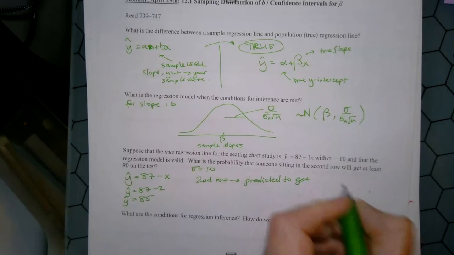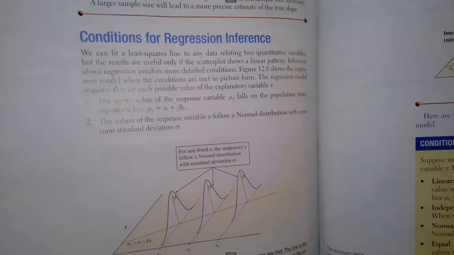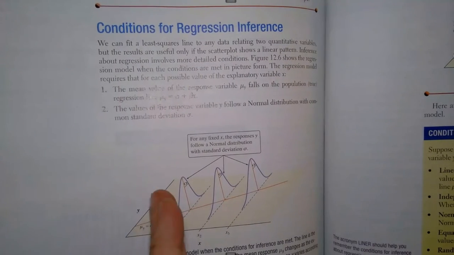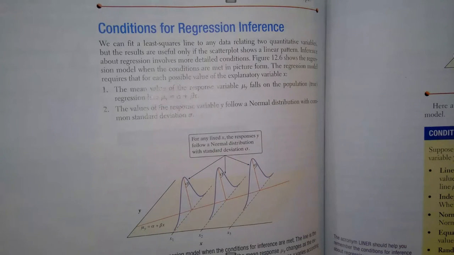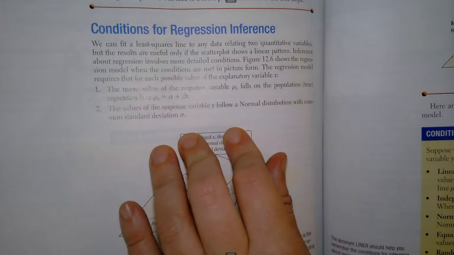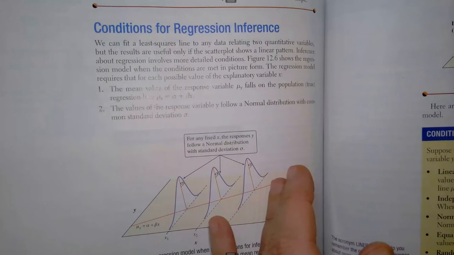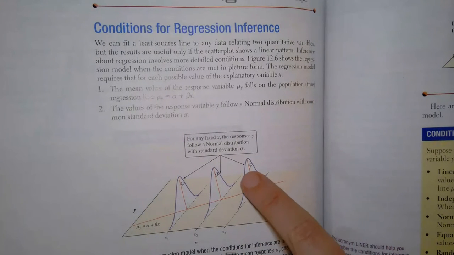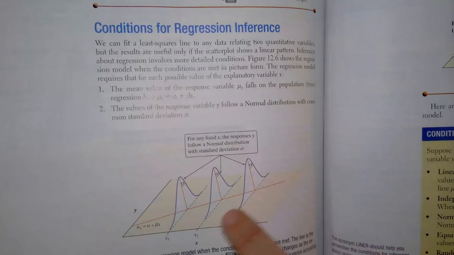However, here's where it gets weird, guys. One of the conditions for doing inference along these regression lines is that you're going to assume that for every x value, the y values are normally distributed around that x value. So that's what this question is asking for. The values of the response variable follow a normal distribution for every single x value, with a standard deviation sigma.